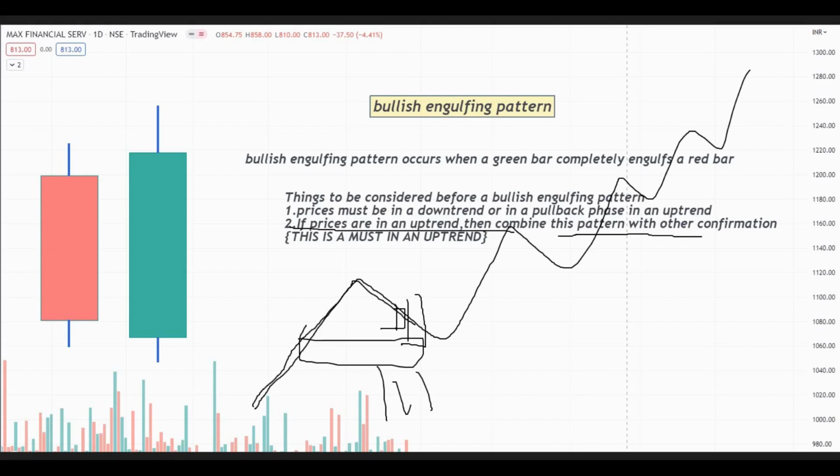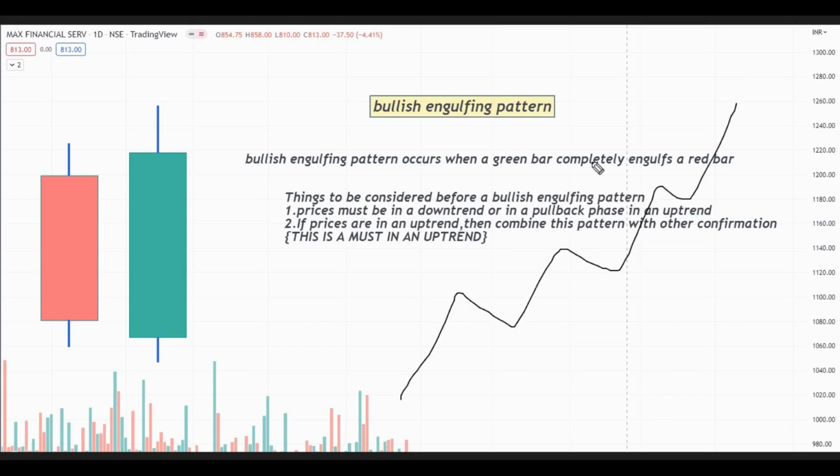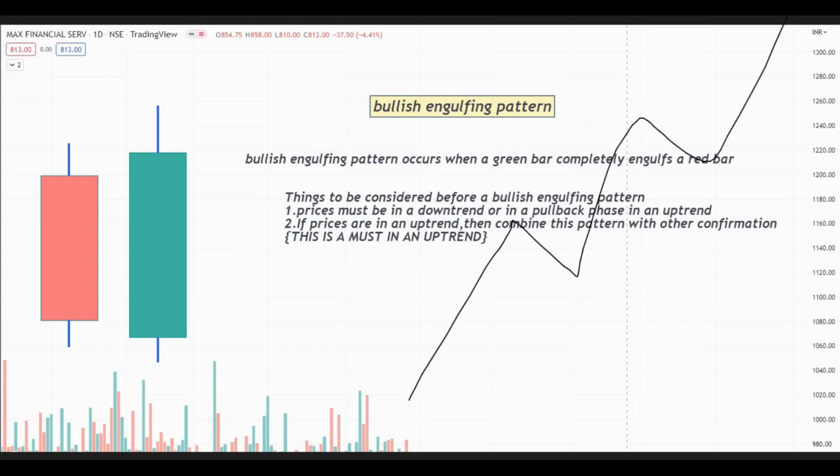If the market is going towards the upside, then we should analyze the strength on the demand side, that is, what the buyers are doing and how the selling pressure is in the markets. We should always combine the buyers' and sellers' strength in the market and then apply the bullish engulfing pattern. Otherwise we will ignore the bullish engulfing pattern if it occurs in an uptrend. It is of less use in an uptrend.